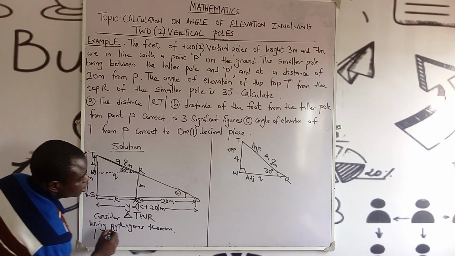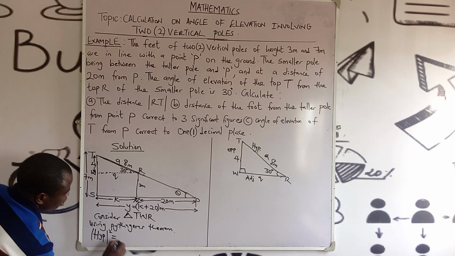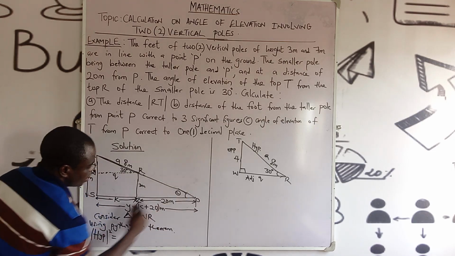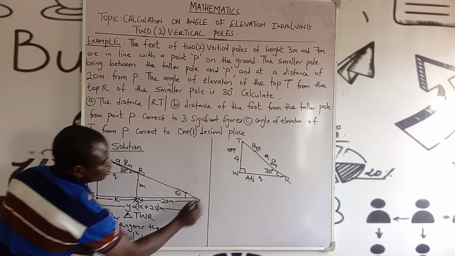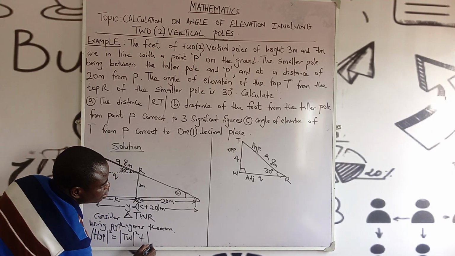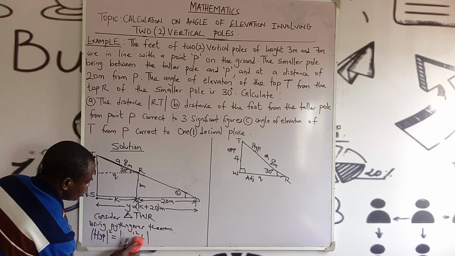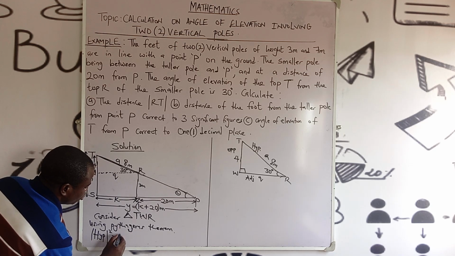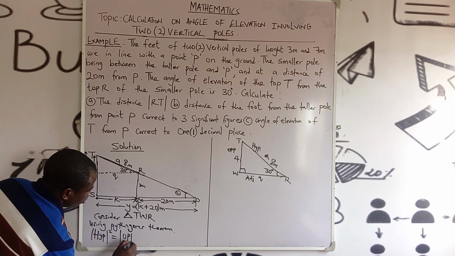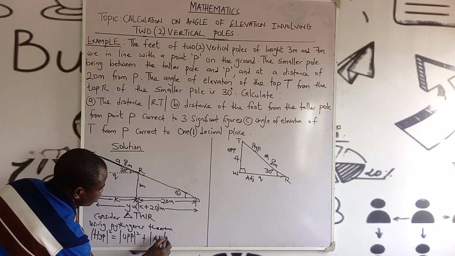Let's start with the hypotenuse: the hypotenuse squared, the longest side squared, equals line TW squared plus line opposite squared plus line adjacent squared.